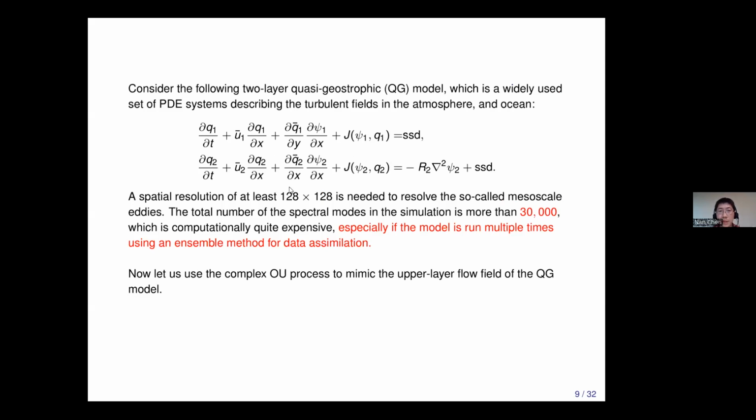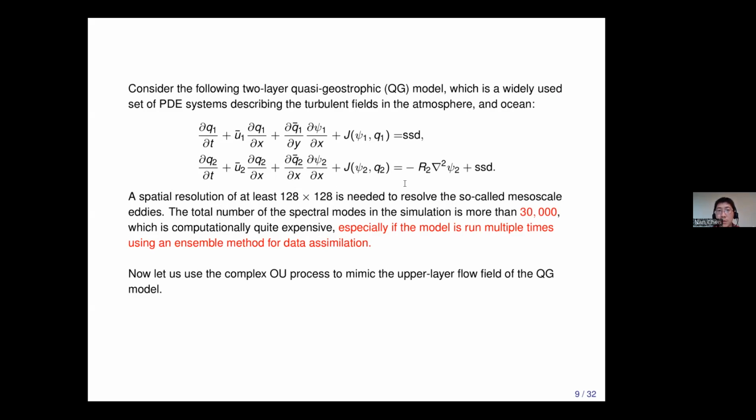Because it's a PDE, when we try to solve it, we have to think about the spatial discretization. Here I use a spatial resolution of 128 times 128 in a two-dimensional space, and it has these two layers. So in total, you will have more than 30,000 modes.